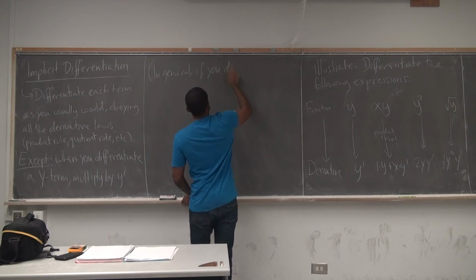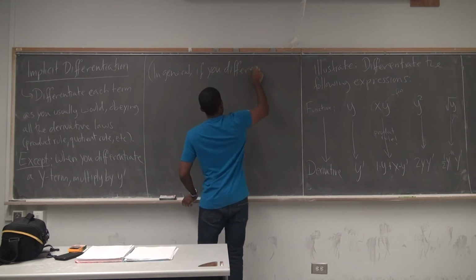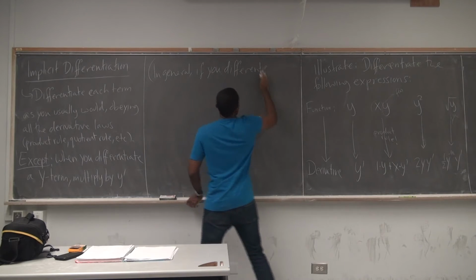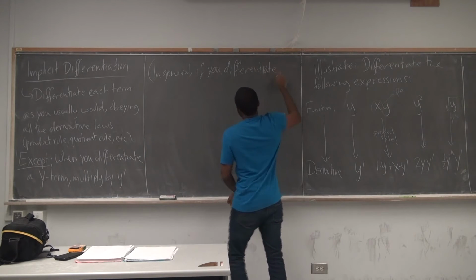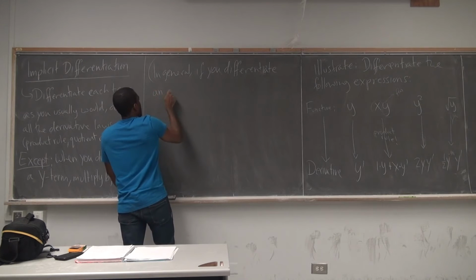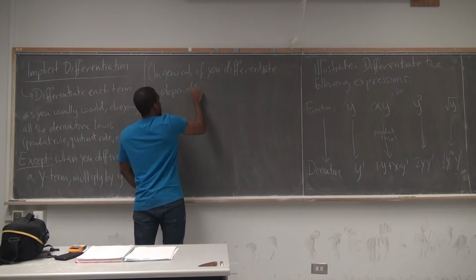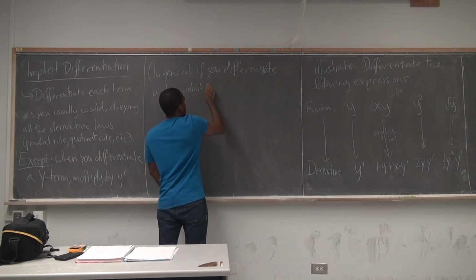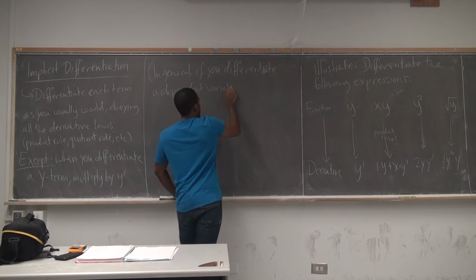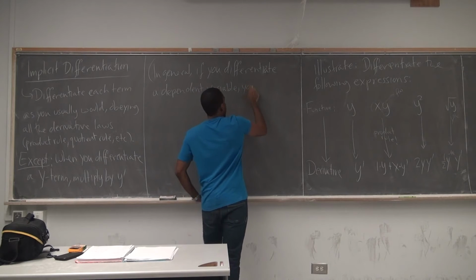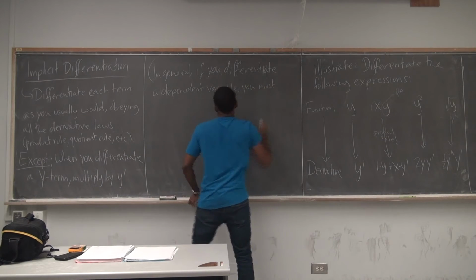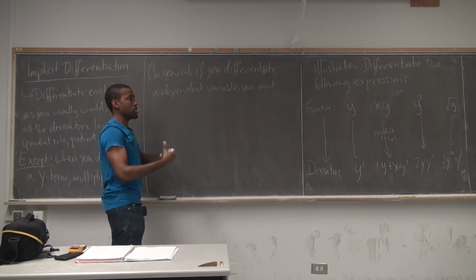When you differentiate a dependent variable, you need to multiply by its prime. Because a dependent variable represents a function.